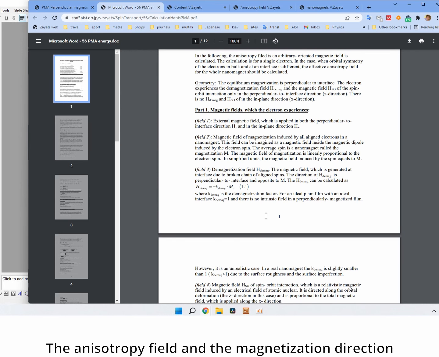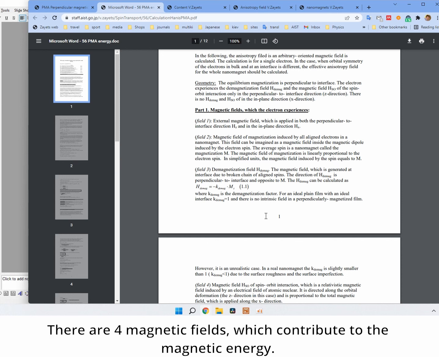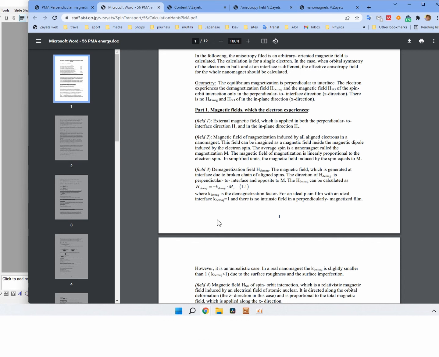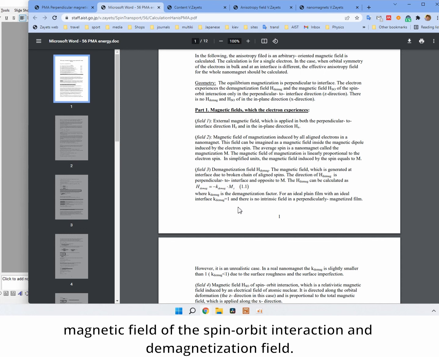The anisotropy field in the magnetization direction is calculated from the condition of minimizing the magnetic energy. There are four magnetic fields which contribute to the magnetic energy. The fields are the external magnetic field, the field induced by the magnetic moment, the magnetic field of the spin-orbit interaction, and the demagnetization field.